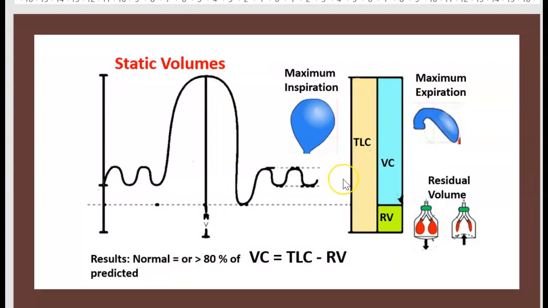Total lung capacity after maximum inspiration. Vital capacity after maximum expiration. The difference is the residual volume.